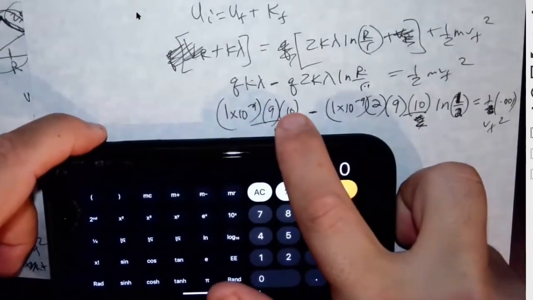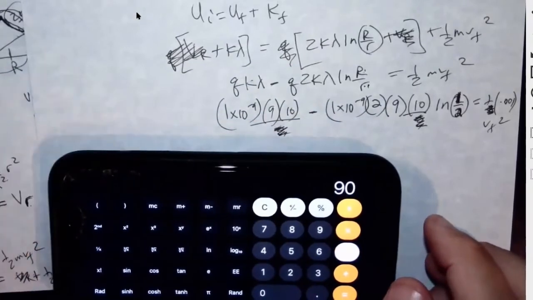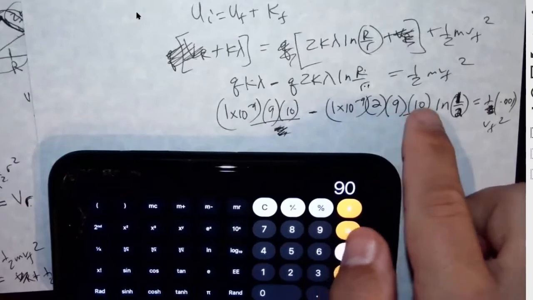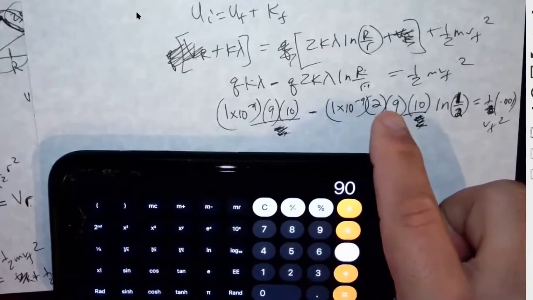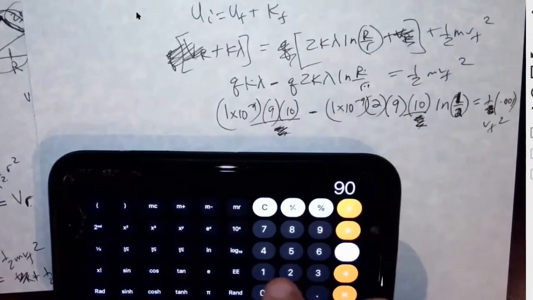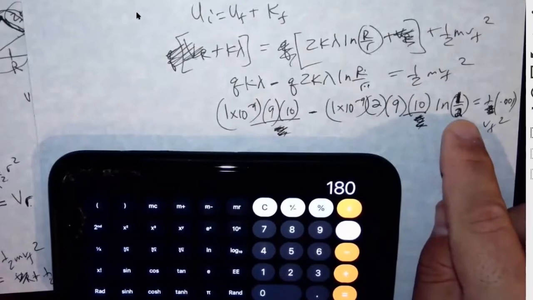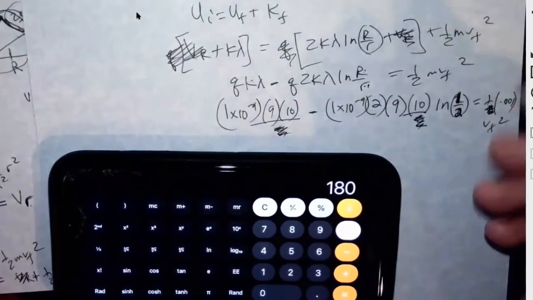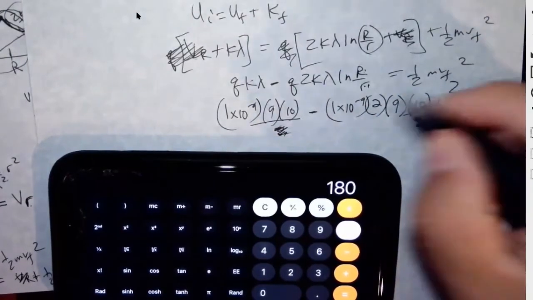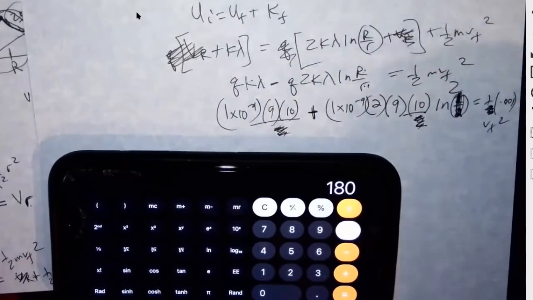So we'll just have 90 minus 90 times 2 is 180 times 0.5 ln. Oh, you know what? I could have just said 2 plus. So it ends up you're adding that.